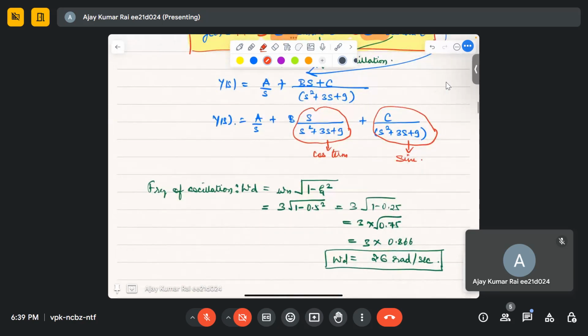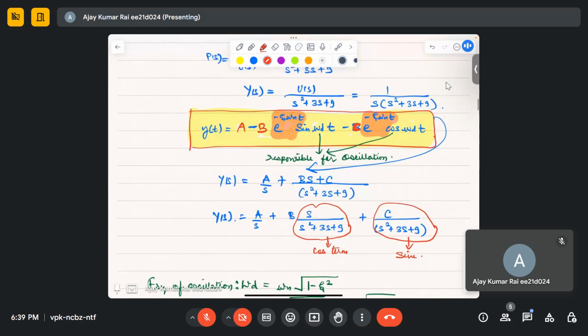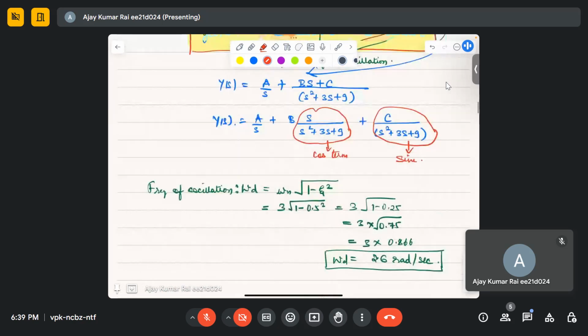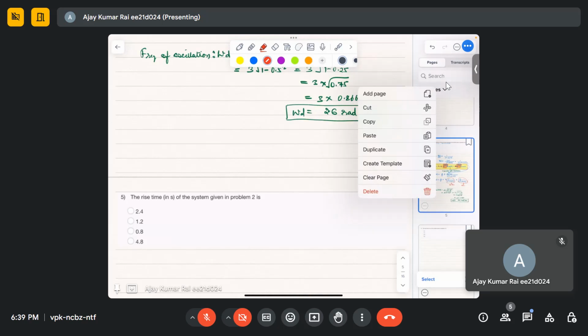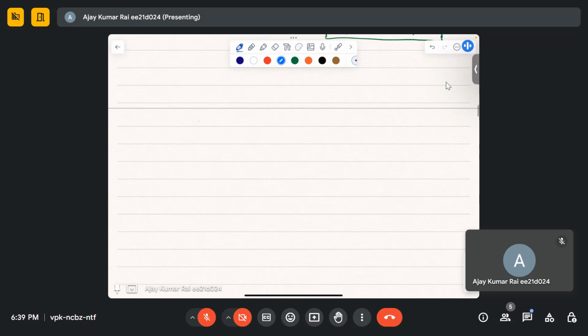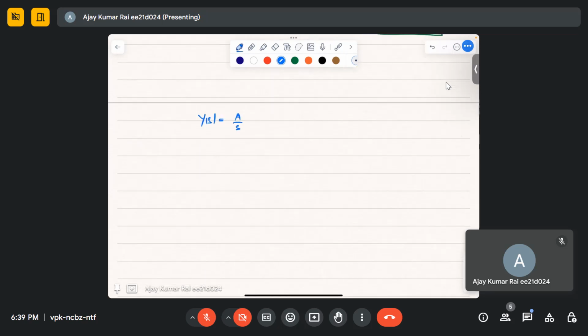So I've calculated it directly. If you don't want to use the formula, I'll start from here: y of s. Suppose I don't know this. Let's calculate from a by s plus (bs plus c) by (s square plus 3s plus 9). So you'll get a by s, then (bs plus c) over (s square plus 3s plus 9).